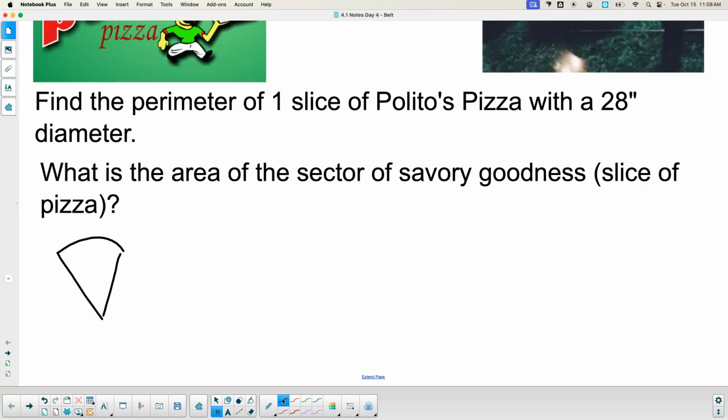Agree with me that that is a piece of pizza from Polito's. What do we know about said piece of pizza from Polito's? Other than its savory goodness. It's what? Say it loud. So what does that mean?